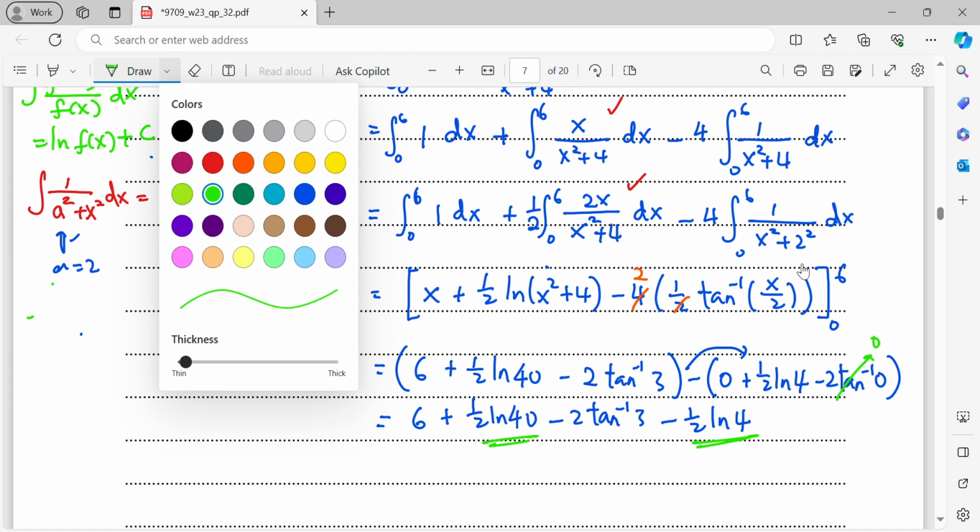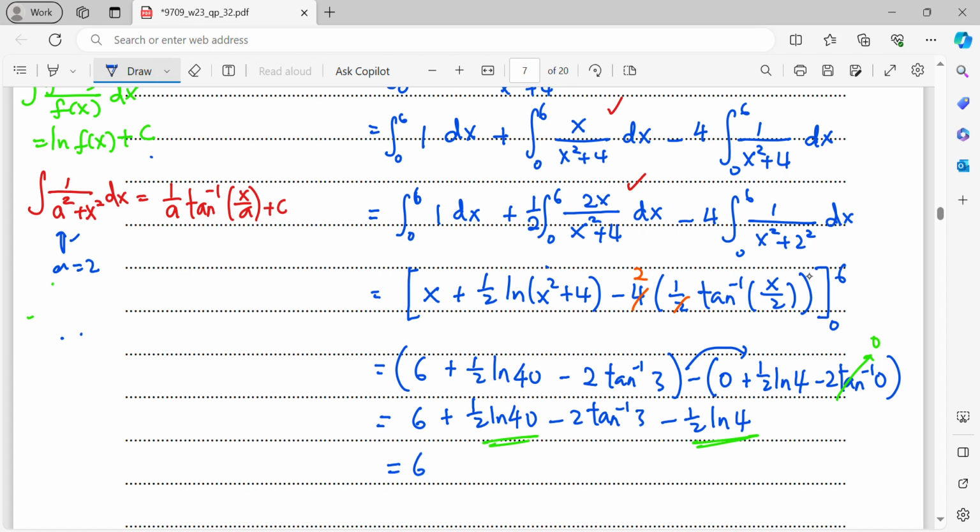So I will rewrite the first and third term. The highlighted one will have the common term of half. So I will write plus half, then ln 40 minus ln 4.